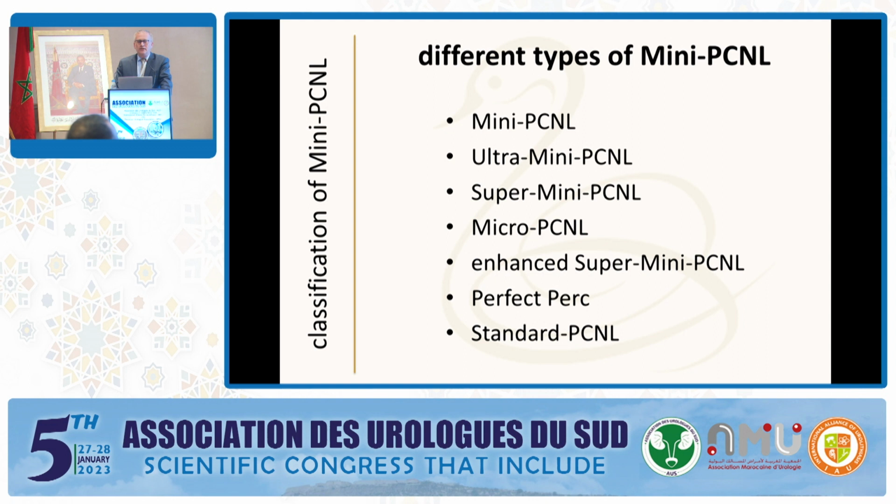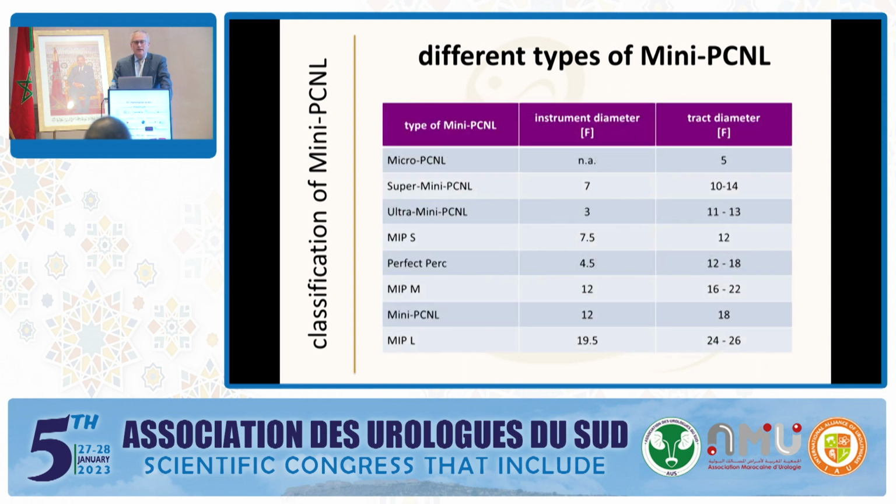Now, what are the different types of mini PCNL today? It is the original form of mini PCNL. It is ultra mini PCNL, super mini PCNL, enhanced super mini PCNL, micro PCNL, perfect PERC, and standard PCNL. Let's have a look at the different types of these mini PCNL instruments.